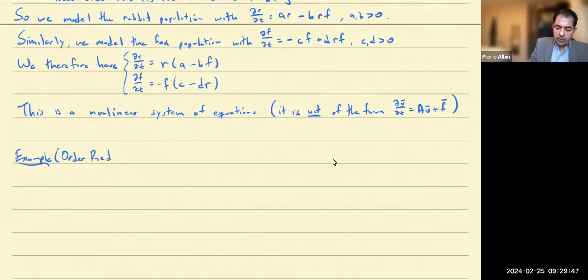This is a procedure called order reduction. So let's start by considering the case of second order.